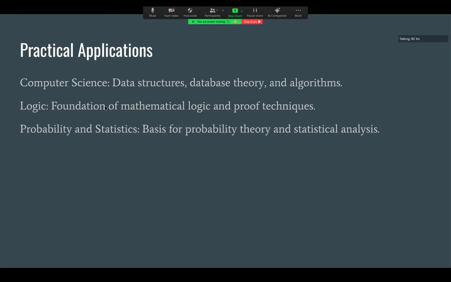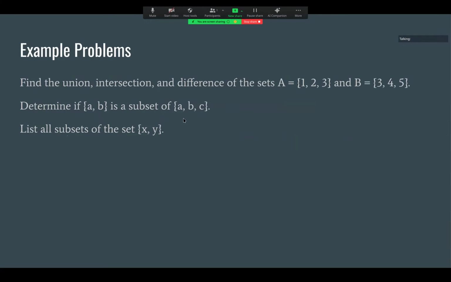In probability and statistics, sets are essential for understanding probability theory and conducting statistical analysis. Example problems. Here are some example problems for mathematical sets.